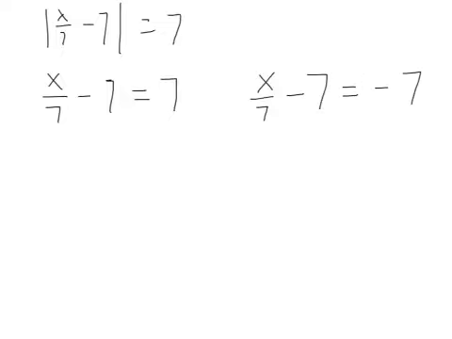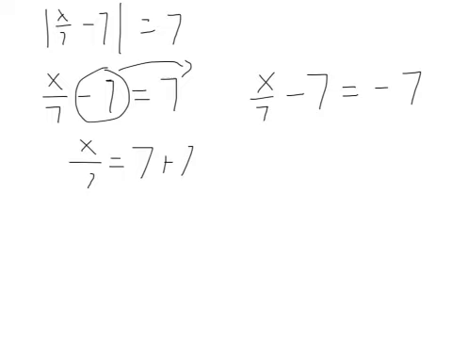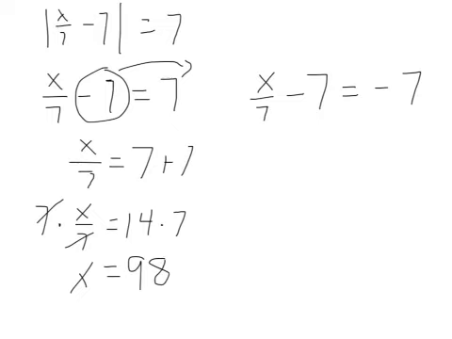We'll solve both equations. On the first equation, we'll move our 7 over, and x divided by 7 is equal to 7 plus 7, so x divided by 7 is equal to 14. Since this is division, we'll multiply both sides by 7, and x could be 98. So if x is 98, what's in the absolute value will equal positive 7.